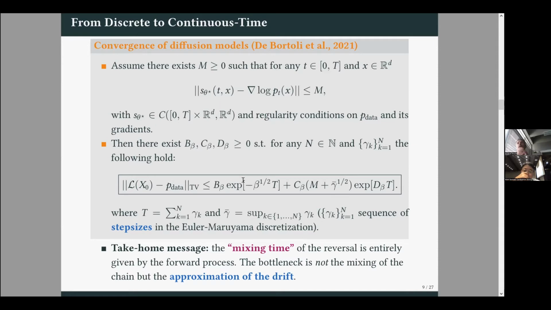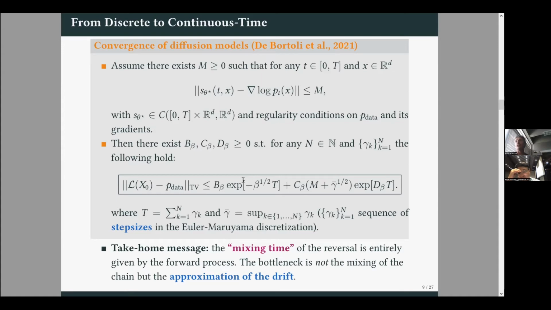Importantly, for those of you who are familiar with Markov chain Monte Carlo methods, you might be a bit puzzled why one can simulate this kind of Markov chain in extremely high dimension and yet not have any mixing issues.